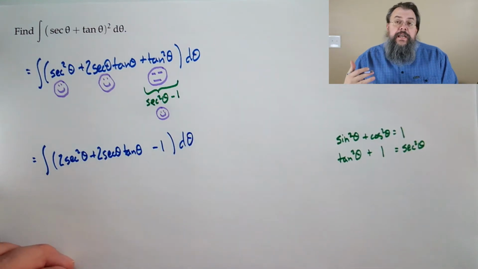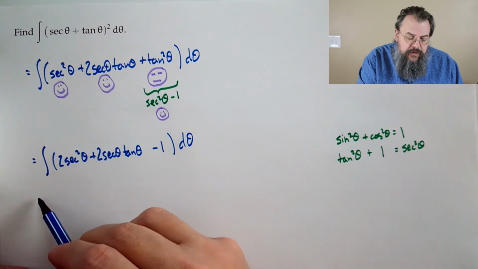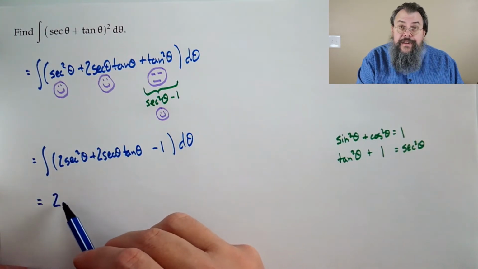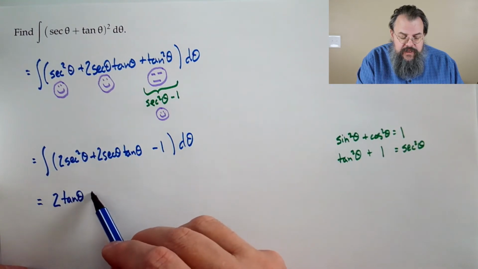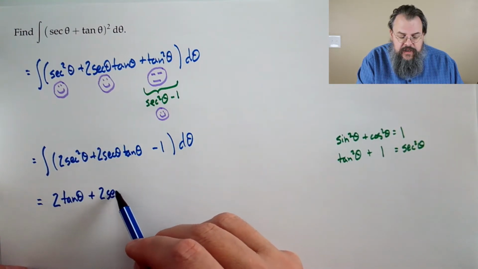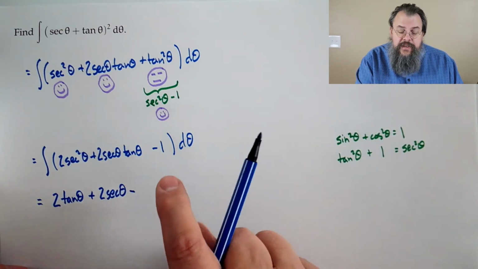And now, each one of these pieces is something we're happy to work with. Integral of secant squared is tangent. Integral of secant times tangent is secant, and integral of 1 is theta.